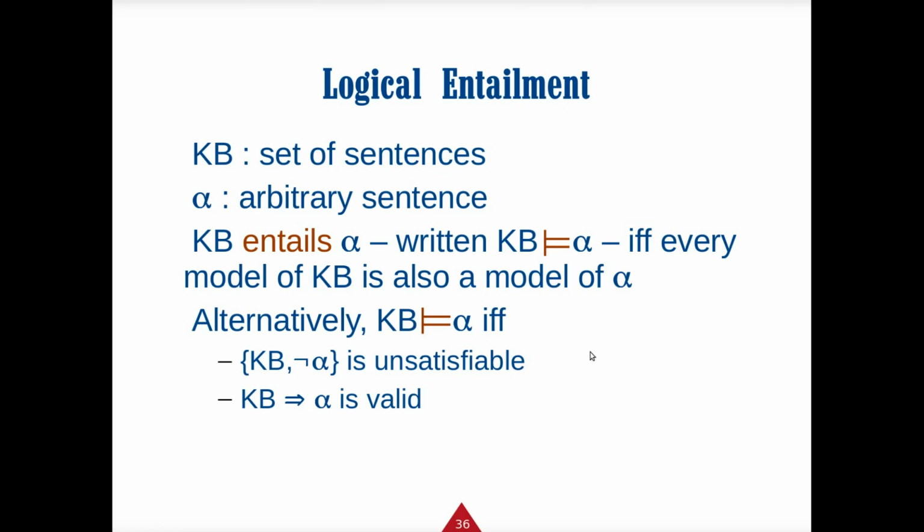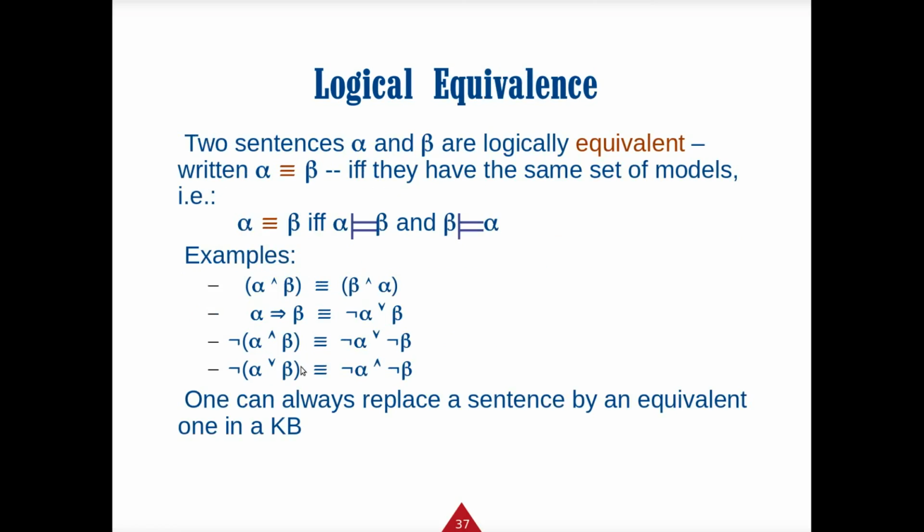Alternatively, KB entails alpha if and only if KB and not alpha is unsatisfiable, and KB implies alpha, if KB then alpha, is valid. So basically, you have the knowledge base, but if your arbitrary sentence is false, then that is unsatisfiable.